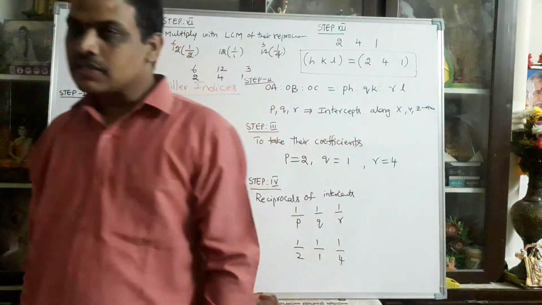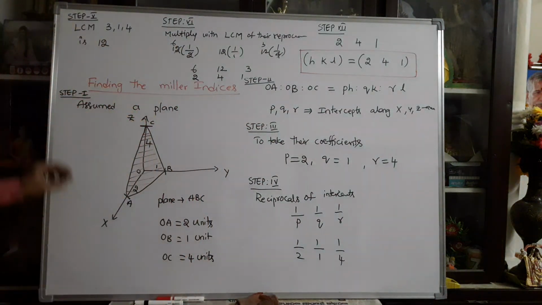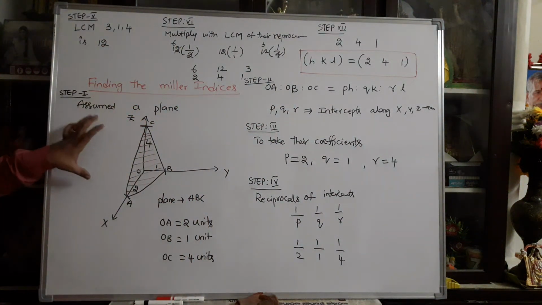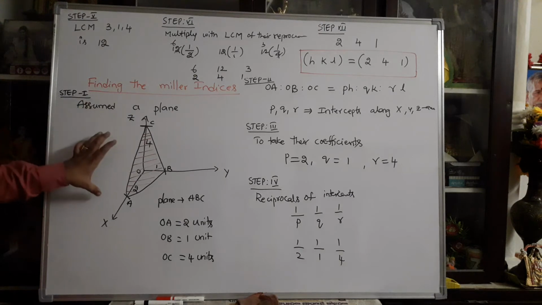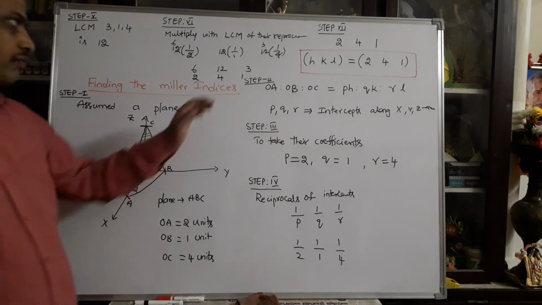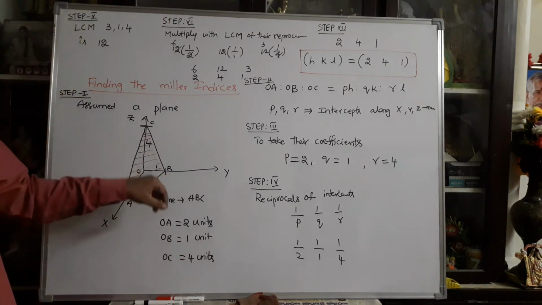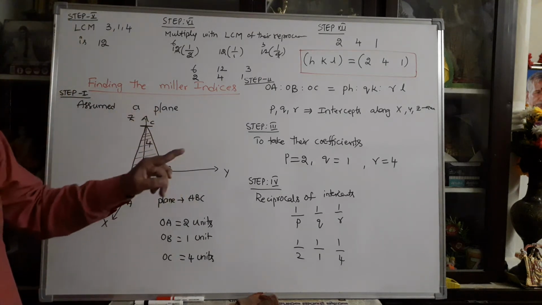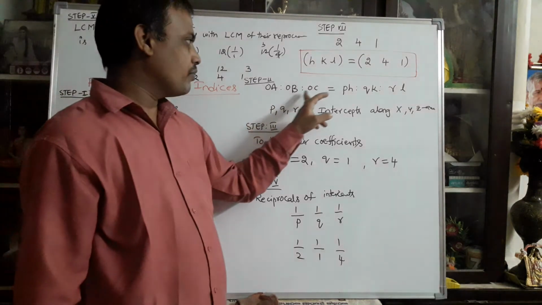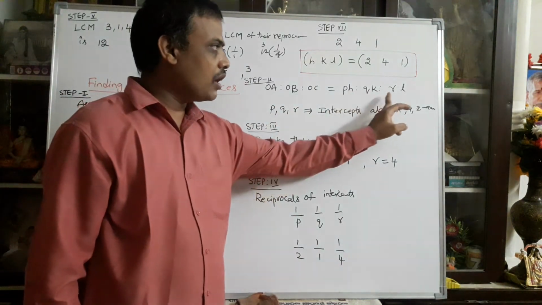How can the Miller indices be calculated? First, you take the given plane. First, you take the intercepts existing in the plane. So, according to their quotients, we take OA, OB, OC as P/H, Q/K, R/L.